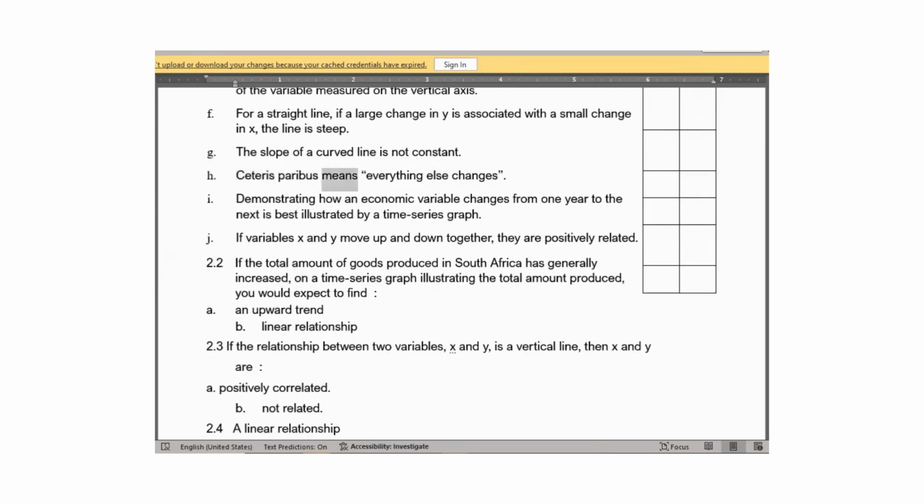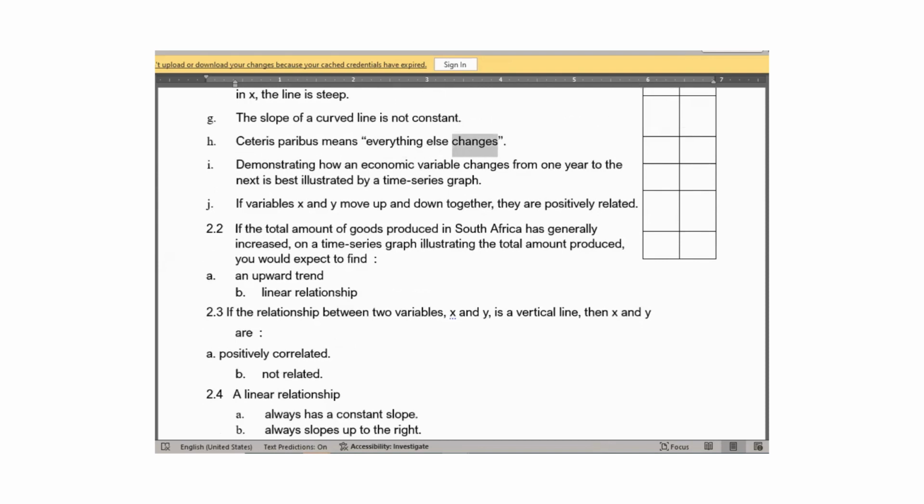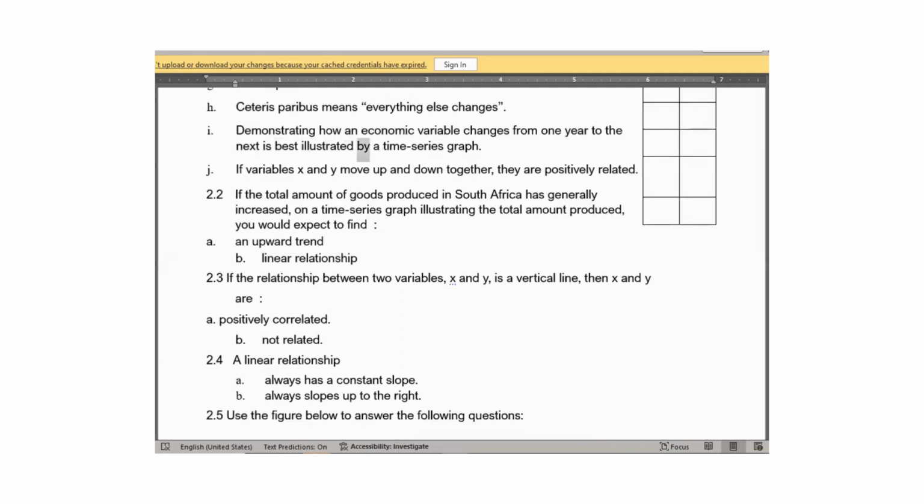Ceteris paribus means everything else changes. Demonstrating how an economic variable changes from one year to the next is best illustrated by a time series graph. If variables x and y move up and down together, they are positively related.